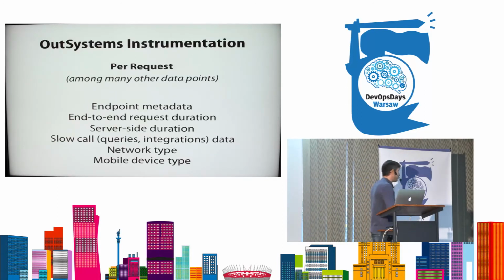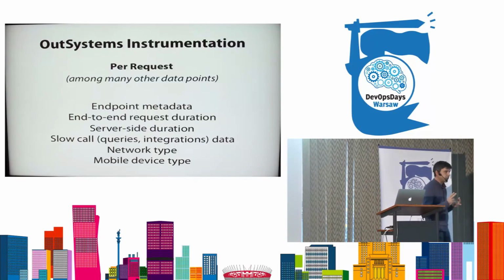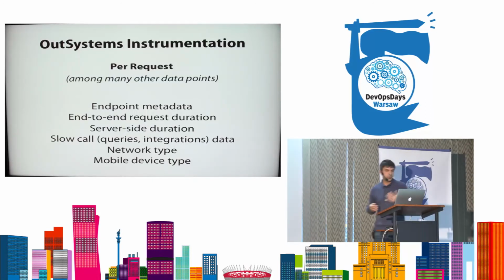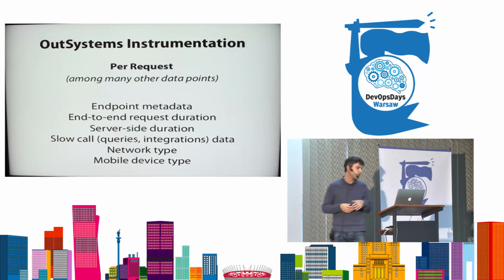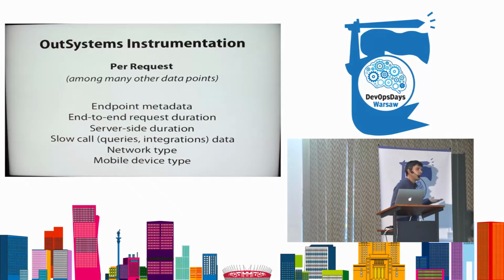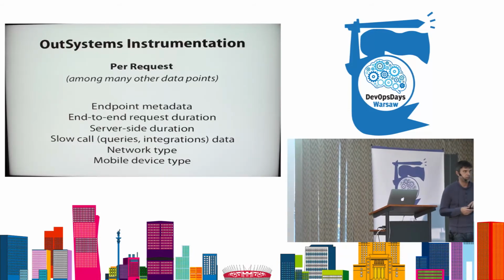We store the end-to-end request duration, we store the client duration, the time it takes on the browser, the network, the server side, we log slow calls. We store the network type when in mobile, so we want to know if it's a 4G or 3G, GPRS, whatever. And we also store the mobile device type.